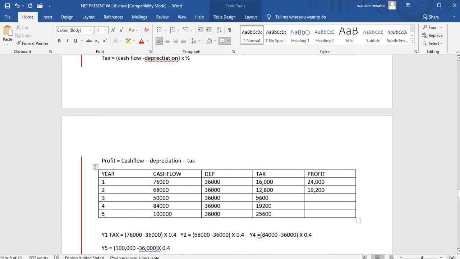Then we go to year 3. I'm expecting 50,000. So 50,000 minus 36,000 minus 5,600, we get 8,400.